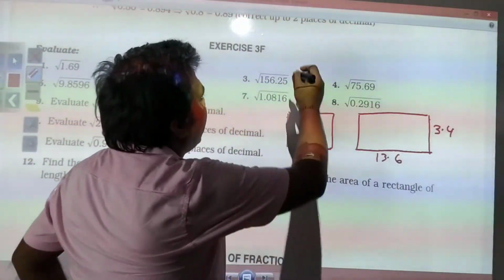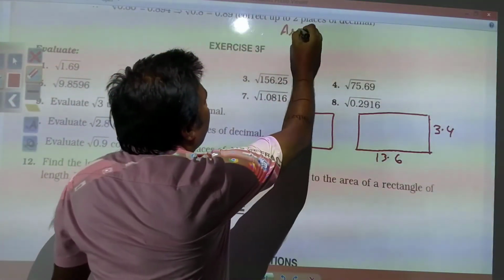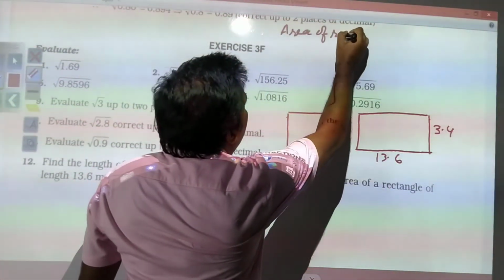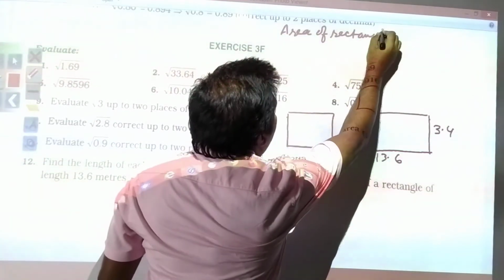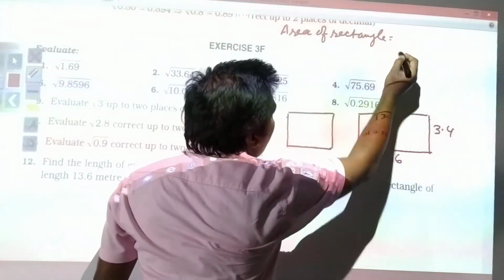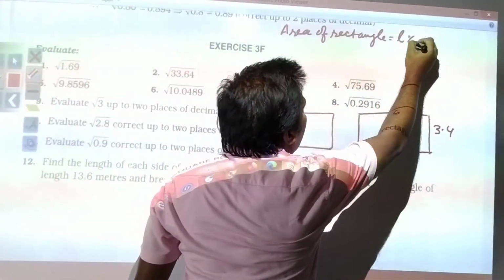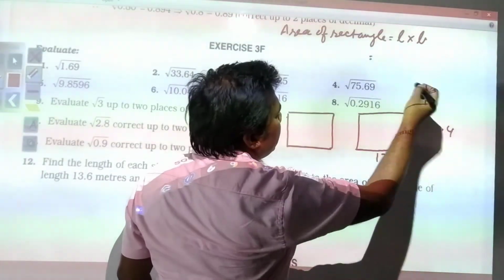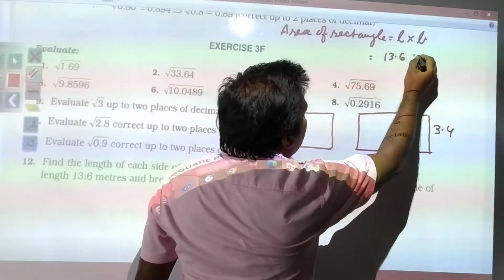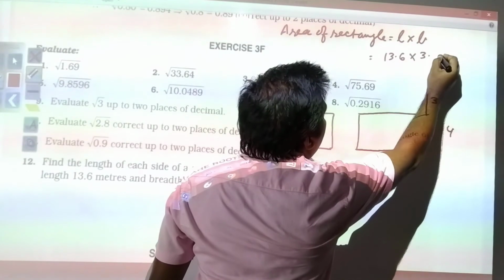So area of rectangle, you will write down, area of rectangle is equal to length into breadth. It means 13.6 into 3.4.